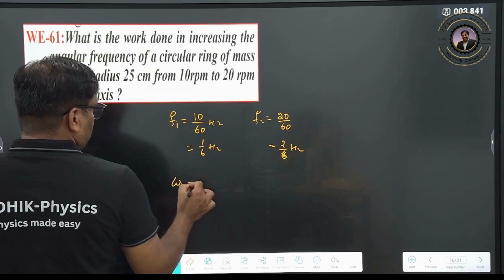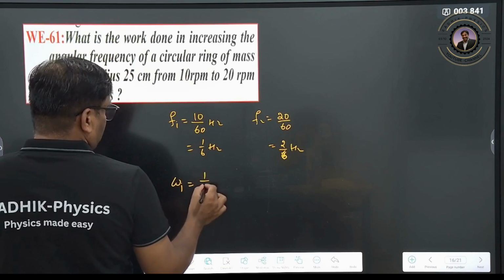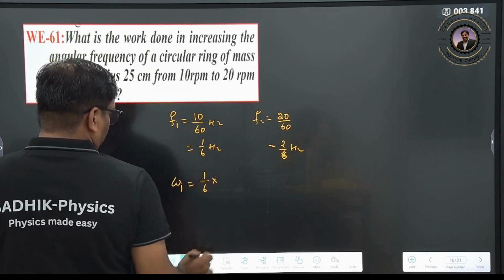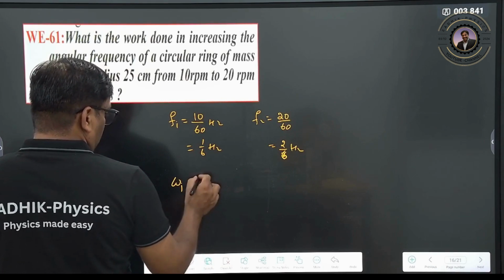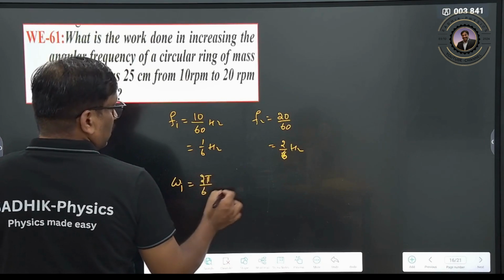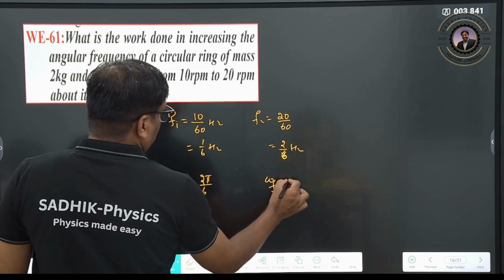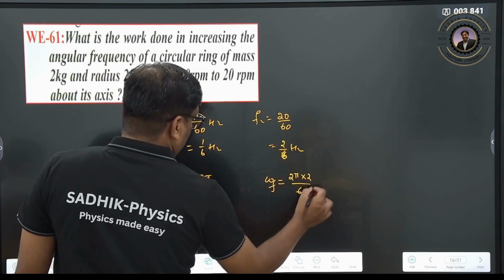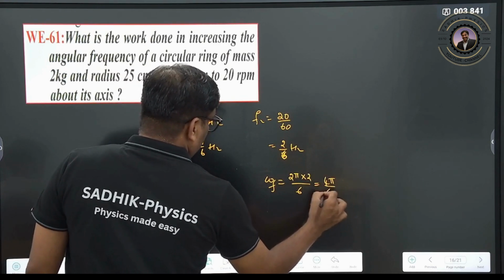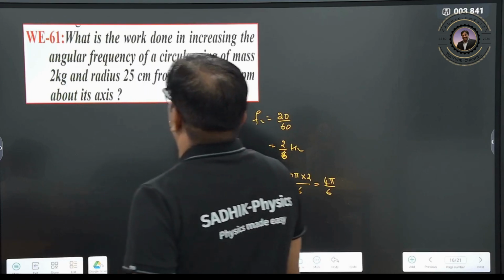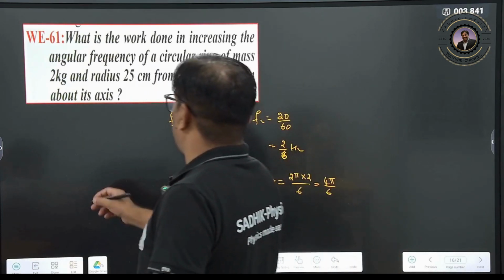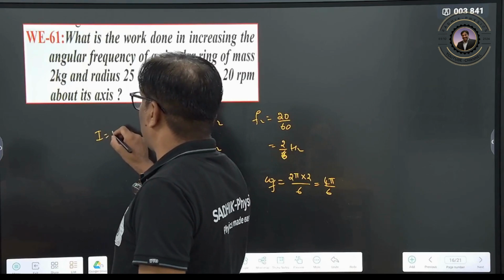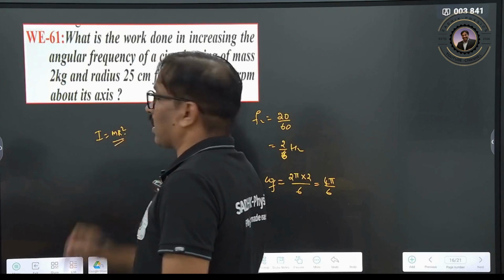Initial angular velocity is how much? 1 by 6 into 2 pi, therefore 2 pi by 6. And final angular velocity is how much? 2 pi into 2 by 6, therefore it will be 4 pi by 6. Clear? So again a ring is given, moment of inertia you can calculate, it will be mr squared.